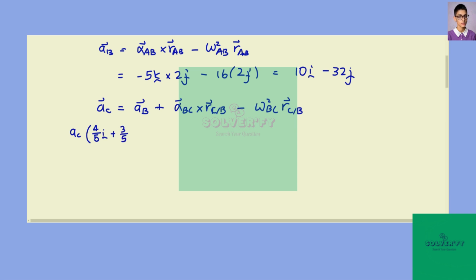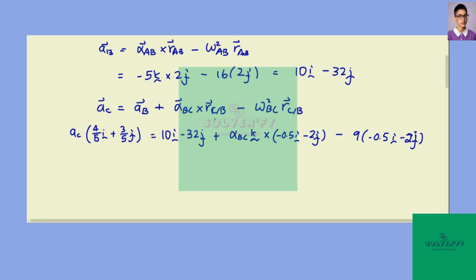So we have aC times 4/5 i plus 3/5 j is equal to aB, which is 10i minus 32j, plus alpha BC, assumed positive, cross minus 0.5i minus 2j, the position vector of C relative to B, and then minus 9 times minus 0.5i minus 2j.